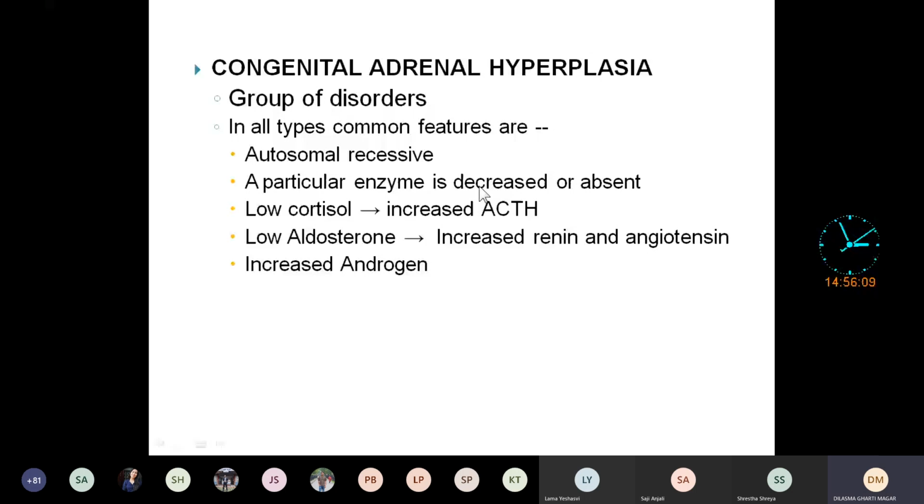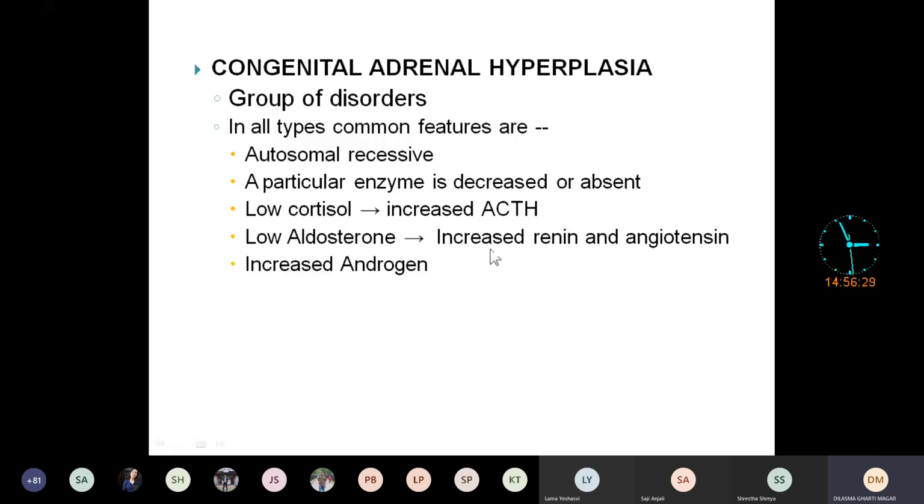The low cortisol level and low aldosterone will be there, but the increased androgen level will be there. Understood here? Whenever there is a low cortisol level, it will lead to increased ACTH secretion, and whenever there is low aldosterone, it will lead to increased renin and then angiotensin.